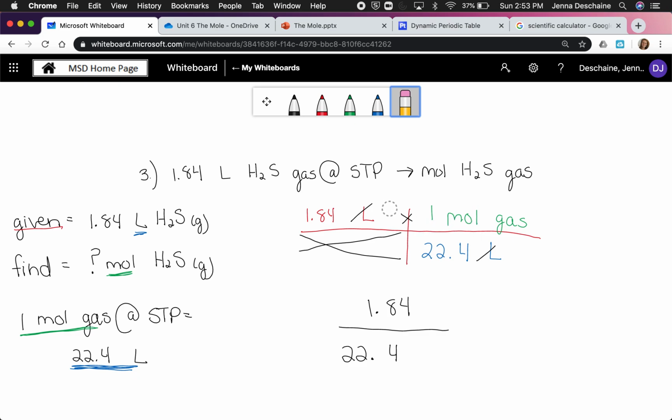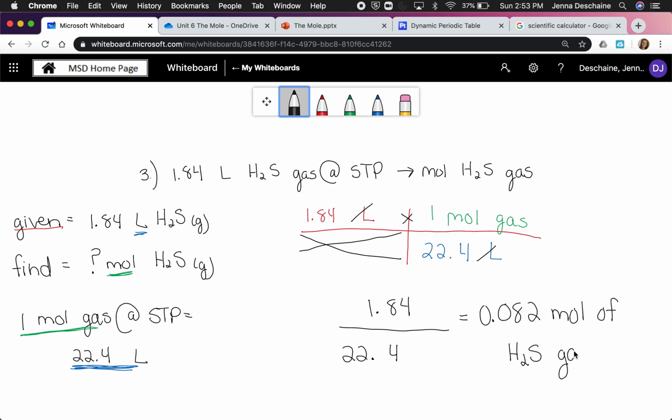So if I do 1.84 and divide that by 22.4, I get 0.082. And that's going to be moles of the hydrogen sulfide gas. Okay, and that would be my final answer. Boom.